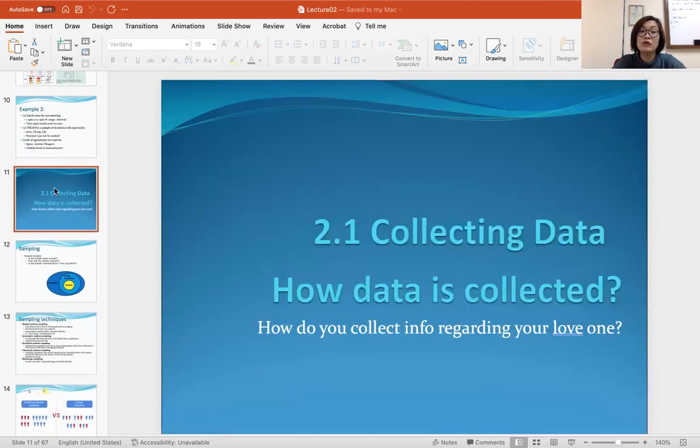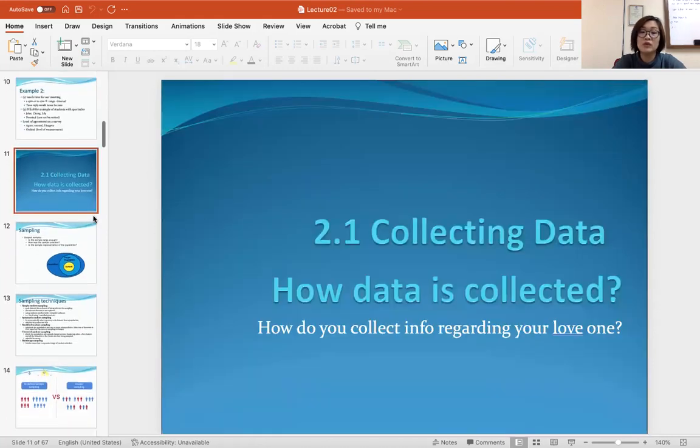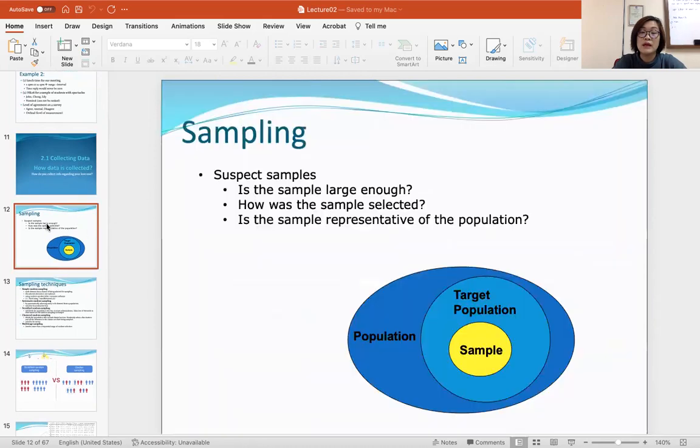Next we move to collecting data, how the data is collected. Like I mentioned to you, before you do the sampling, you have to make sure your population is large enough and you have the specific data on that. And how the sample is selected is very important, right?